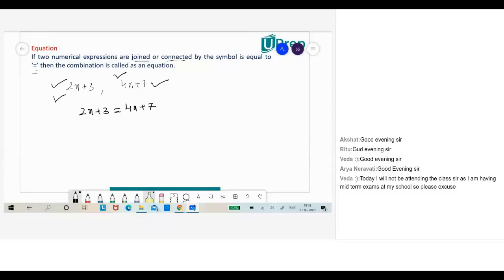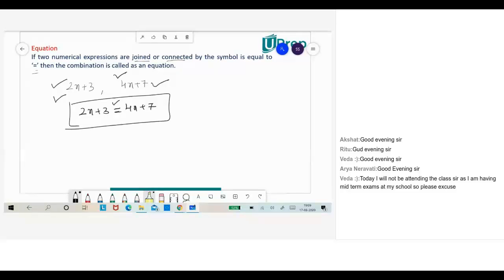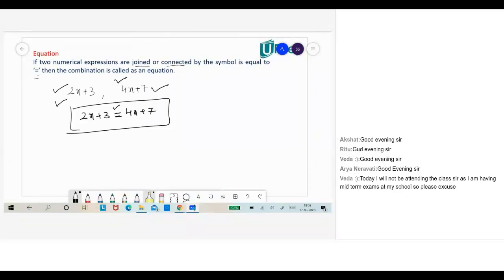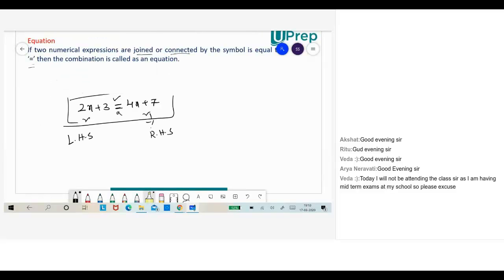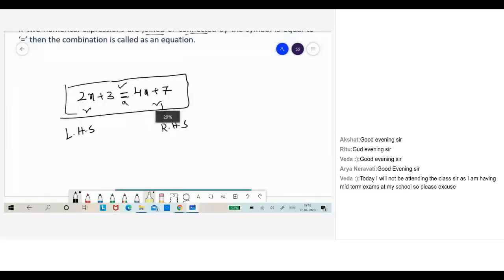Is this clear? Now, here in this equation, if you observe, the equality symbol is separating two expressions. Two numerical expressions connected by the symbol equality is called an equation. This is one expression, this is another expression, and these two are connected with the equality symbol, so we call it an equation.